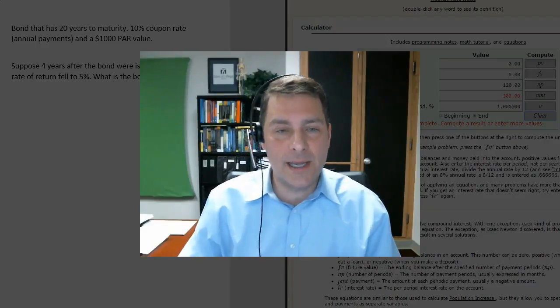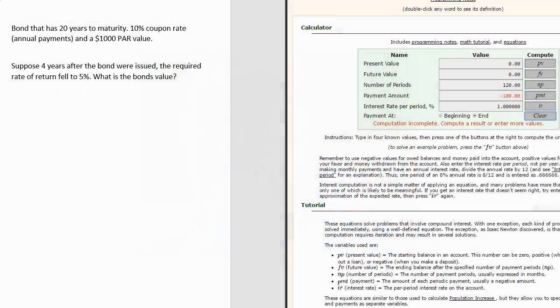All right, so let's take a look at a basic example. Let's say we have a bond that has 20 years to maturity. Again, that's fixed at time of issuance. It's a 20-year, fixed maturity. We're not going to talk about call options or anything like that. It has a coupon rate of 10%.